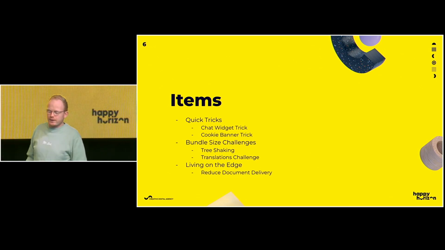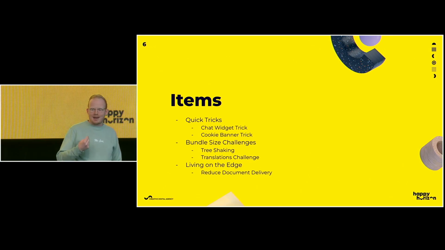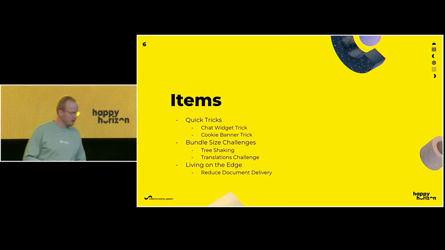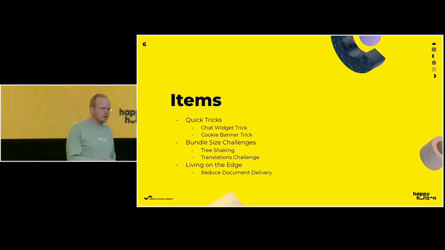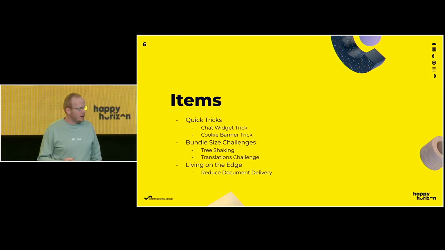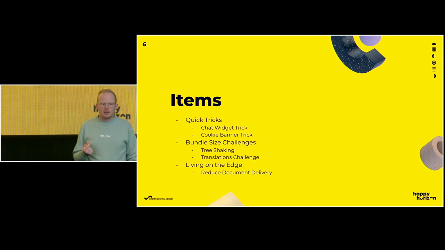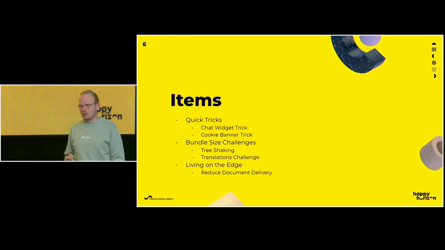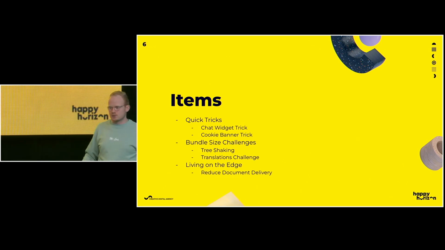There are three main things: going through a couple of quick tricks, the bundle size challenges, in which I hope it can help you as well as it did for me, and the last one is living on the edge, because I think you could reduce your document delivery, and time to first byte can actually be optimized, even if you're already hosting on a very fast solution.